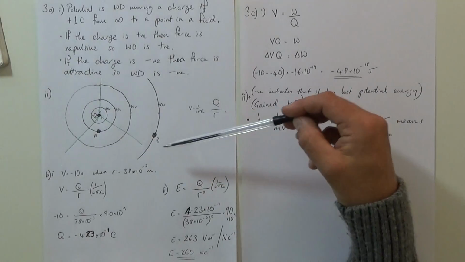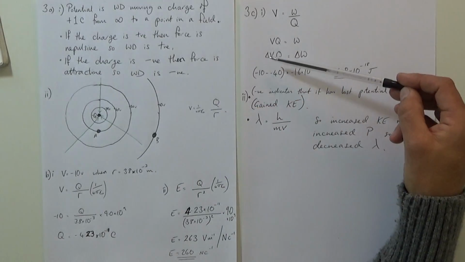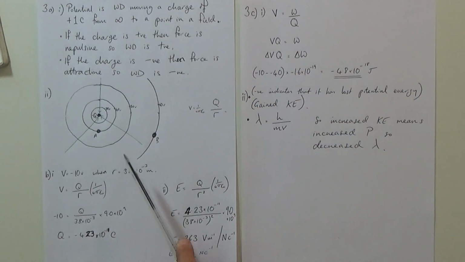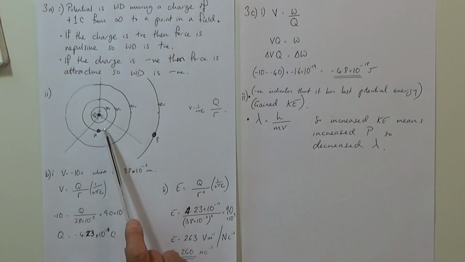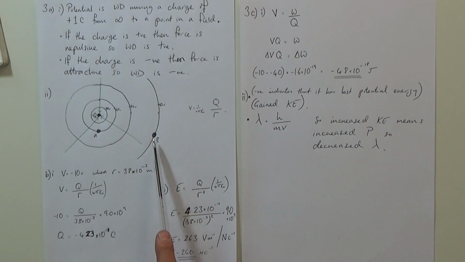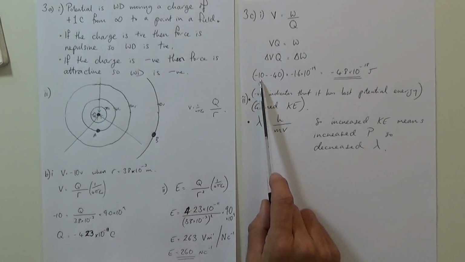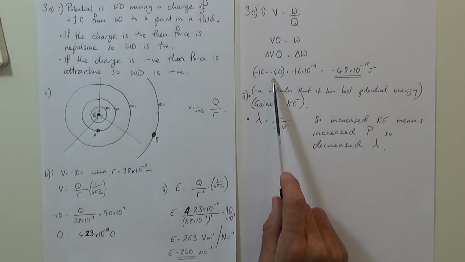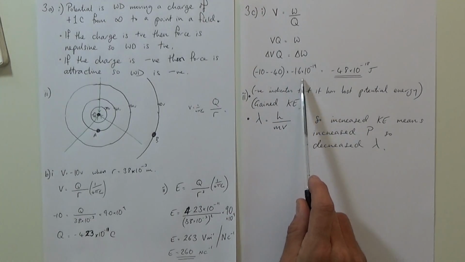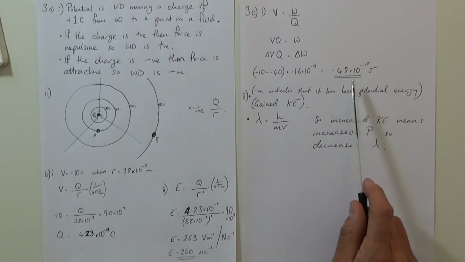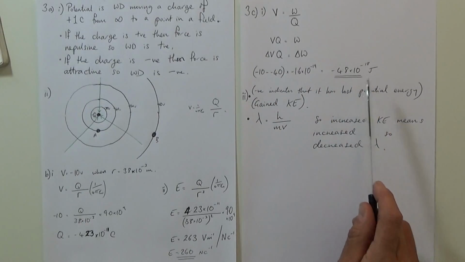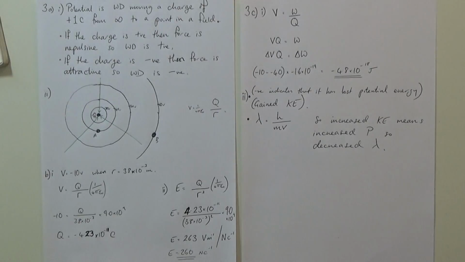So if we go from minus 40 to minus 10, we want the final minus the initial, that's minus 10 minus minus 40, times the charge, which is minus 1.6 times 10 to the minus 19. Lots of minuses in here, and it comes out to minus 4.8 times 10 to the minus 18 joules.